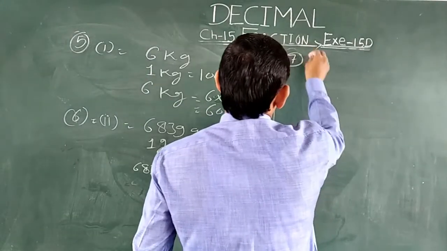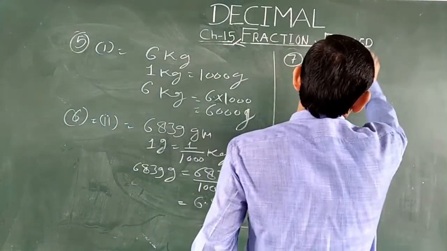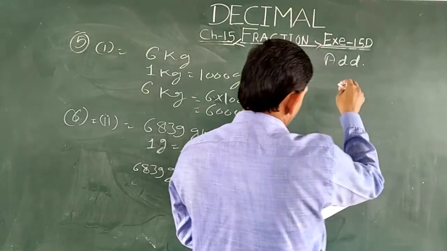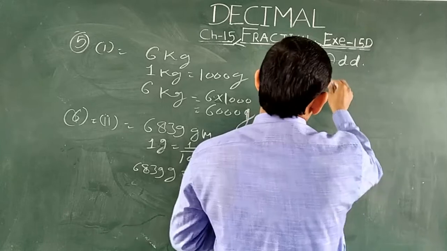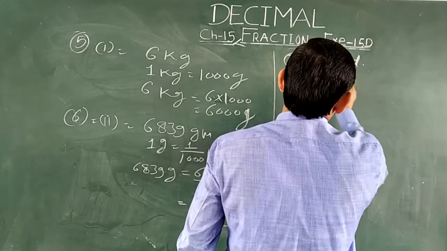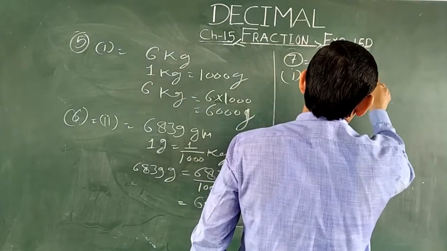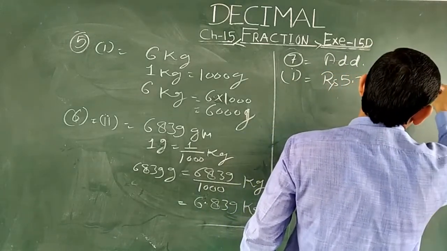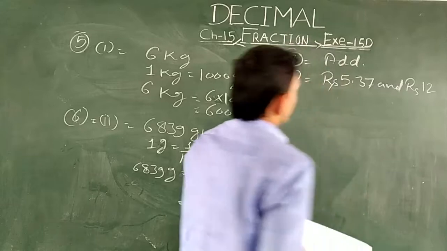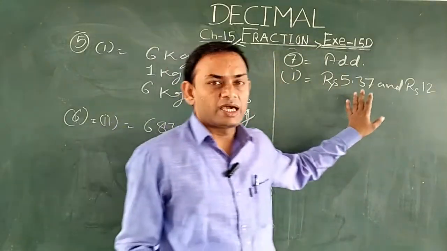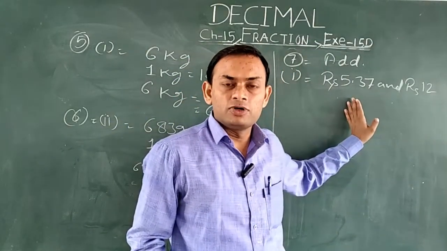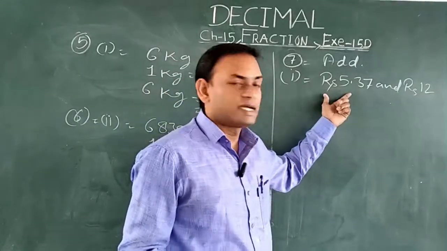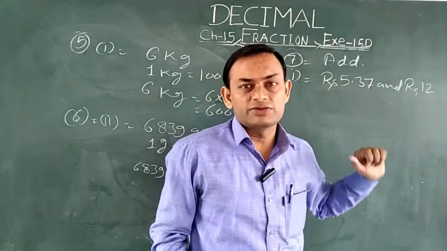This is the first part: rupees 5.37 and rupees 12. And I told you whenever we add decimal values, first of all we change the given unlike decimal numbers into like decimal numbers.